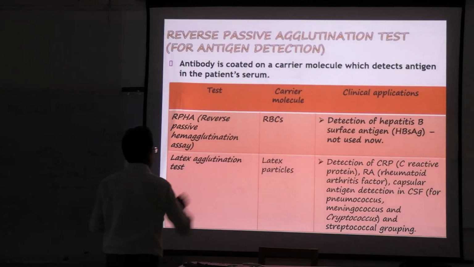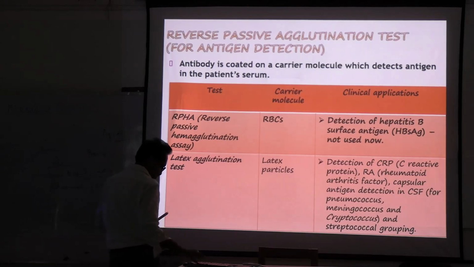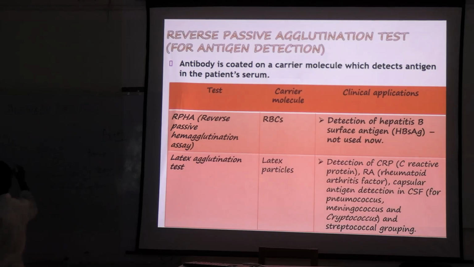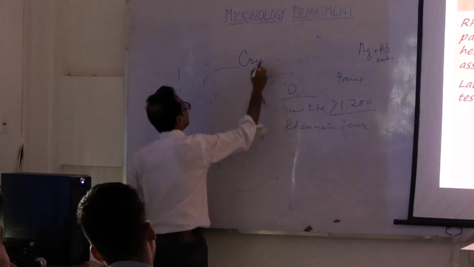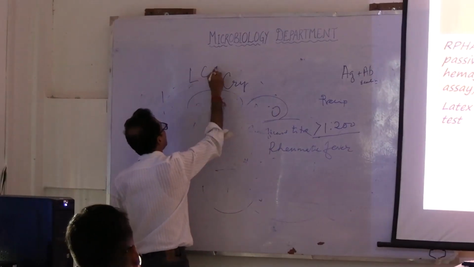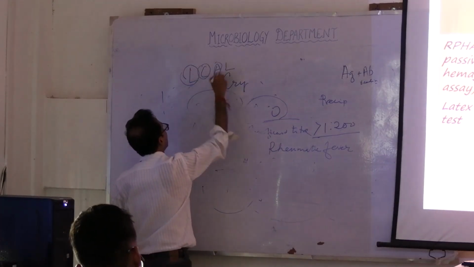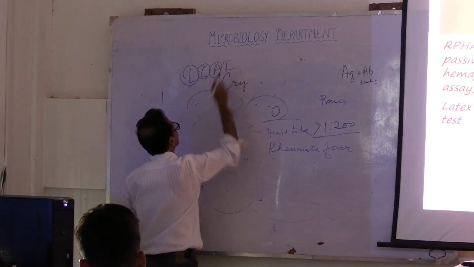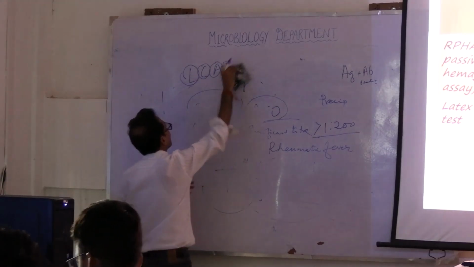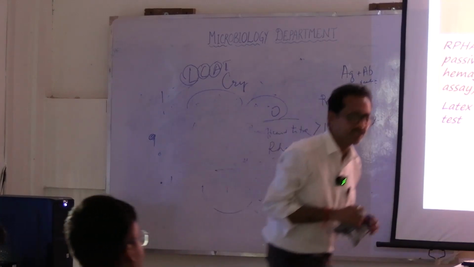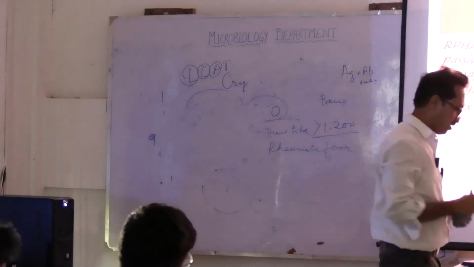Also, I was talking about the cryptococcal capsular antigen, that is LCAT, latex cryptococcal antigen detection test from CSF. So that is another latex agglutination test.